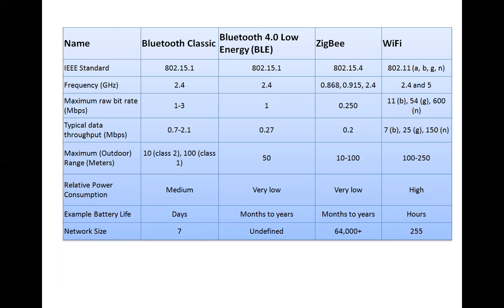Bluetooth Classic and Bluetooth 4.0 both use 802.15.1, Zigbee uses 802.15.4, and Wi-Fi uses 802.11. It carries either A, B, G or N. There are four variants.